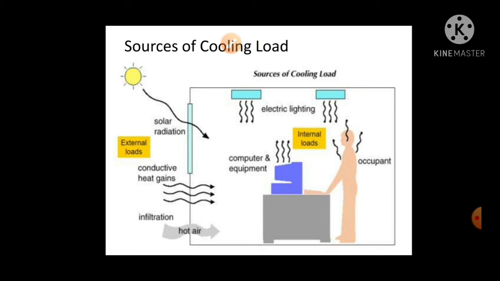Okay, here in the picture, what are the internal loads? The internal heat load added by the occupants seated in the room. Are you getting? Then the lights, fans inside the room, that is electrical lighting and fans.